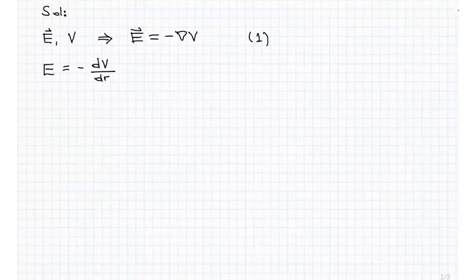Differentiating the expression for V, we will have something like this. According to the problem, the electric potential is given by the expression minus k log of r divided by a. So we want to differentiate this expression.